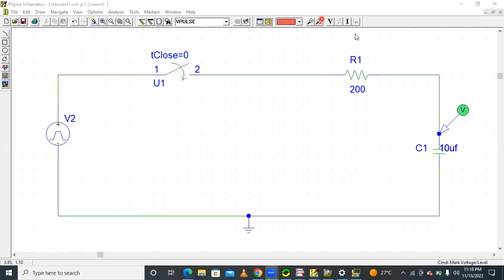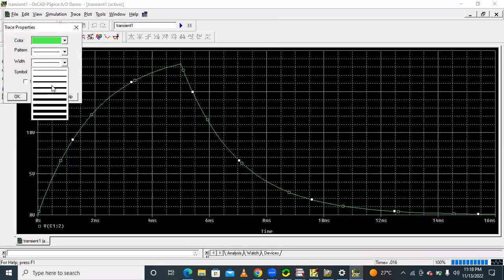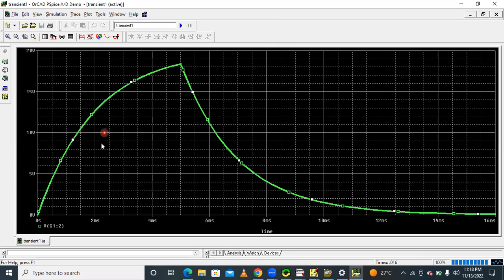Then connect one voltage marker across the capacitor. Here is the voltage across the capacitor; connect like this, then run, and open the properties, pulse width. The voltage across the capacitor increases exponentially up to 5 milliseconds, because our source is present only for 5 milliseconds, so pulse width is equal to 5 milliseconds.